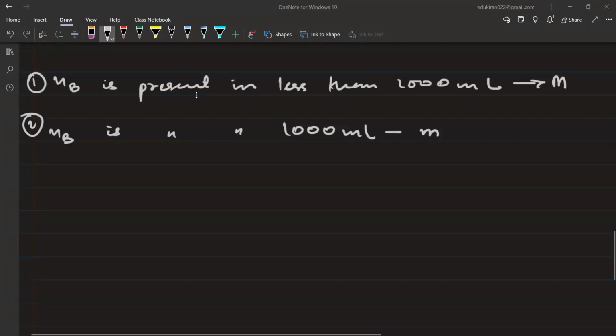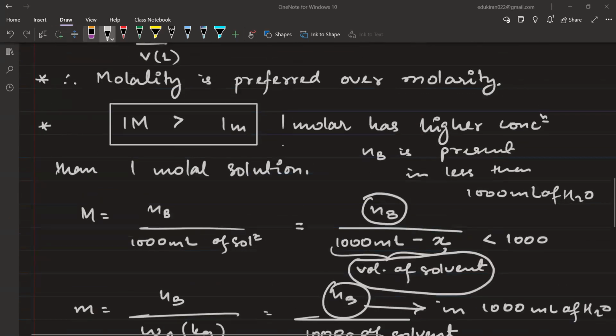Where is the concentration going to be greater? In number 1 the concentration is going to be greater. All of you understood? Yes or no? Because it is less than 1000, and this is equal to 1000. So obviously the concentration of which is higher? 1 molar.